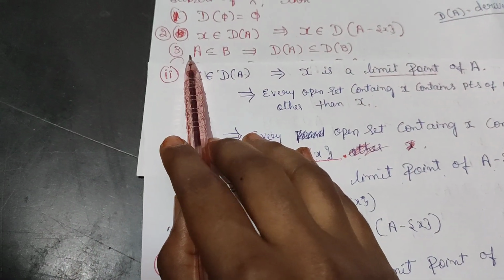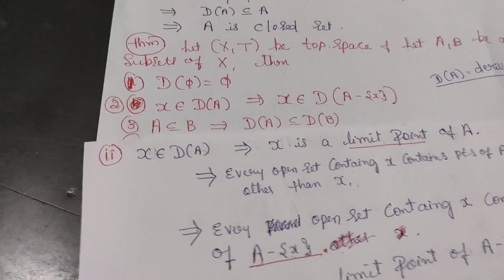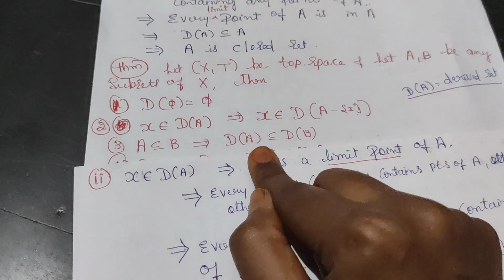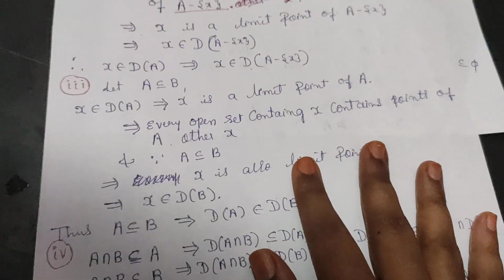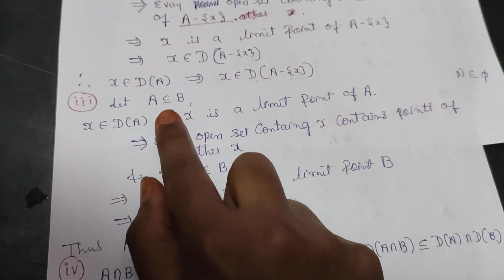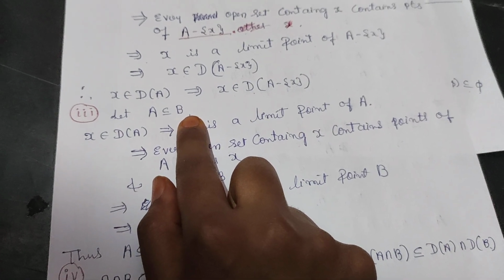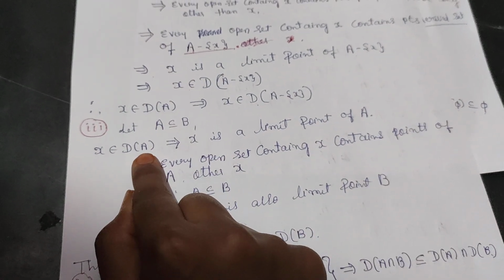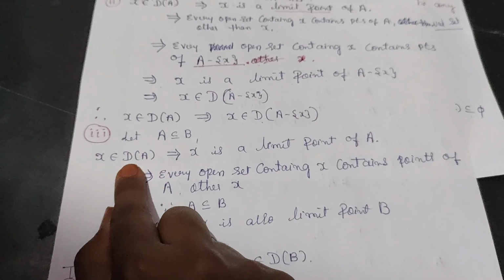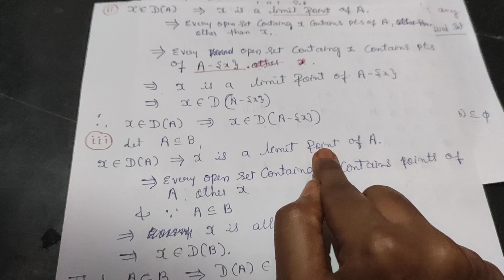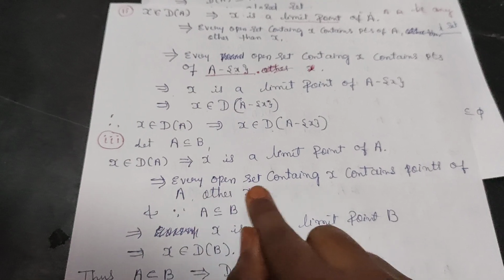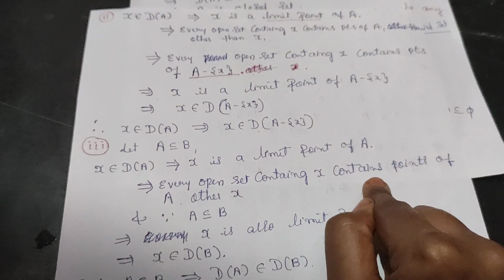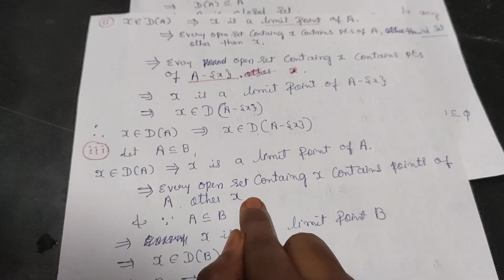Third one, suppose A is a subset of B, we have to prove that D of A is a subset of D of B. So let A be a subset of B, and x belongs to D of A. D of A means the derived set. x belongs to D of A implies x is a limit point of A. So by the definition of limit point, every open set containing x contains points of A other than x.